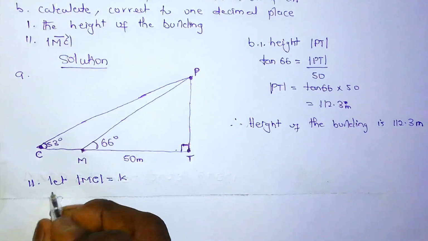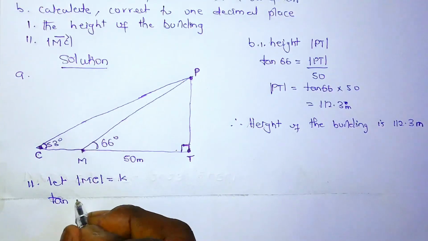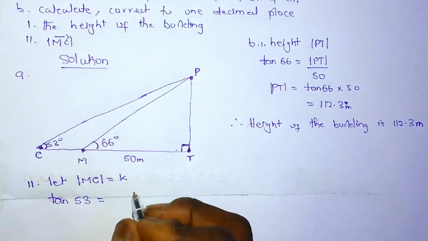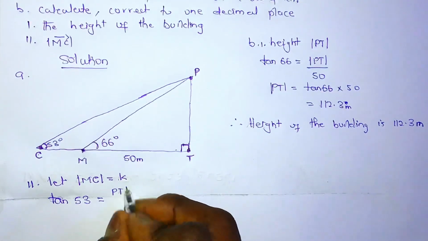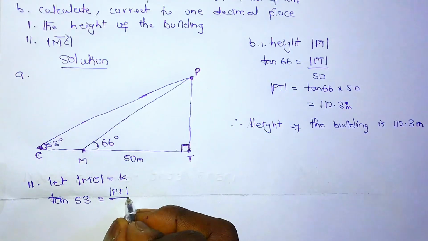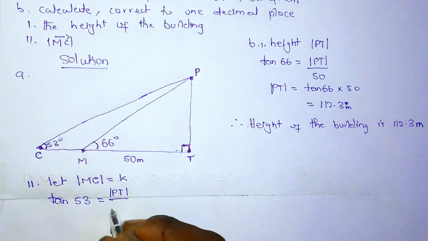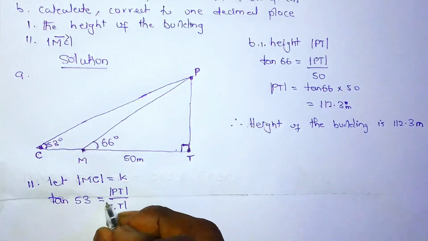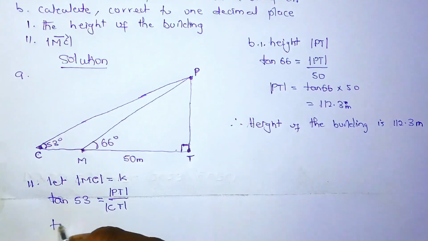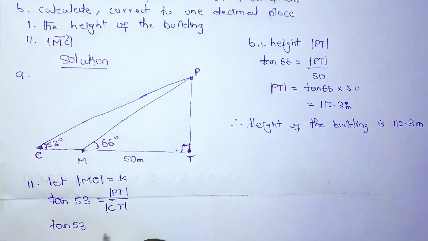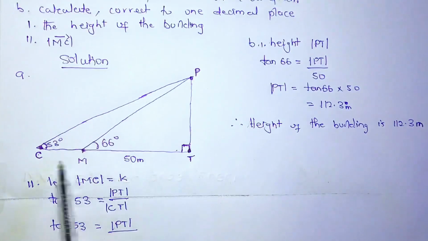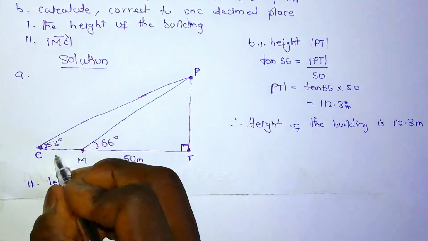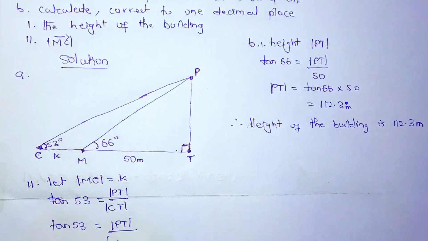So tan 53 is equal to the opposite, which is PT, over the adjacent. Now the adjacent is CT. So tan 53 is going to be PT over, now from C to T, we already made this side K, so we are going to get 50 plus K.